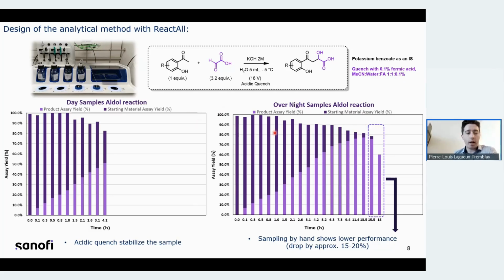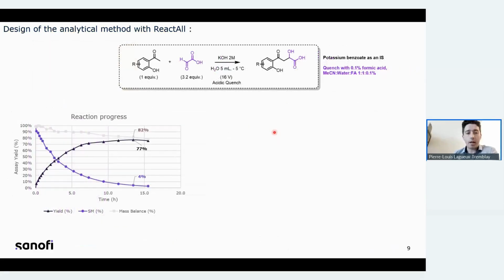So in this way, we have a better way of observing our reaction in situ using the ReactALL because of the quenching procedure. So now we have very nicely reliable kinetic data that we can get from this reaction. And the first thing that is striking is that this reaction should give you a pretty high yield after just a few hours, if you have a quenching procedure that allows you to really capture the formation of the product.